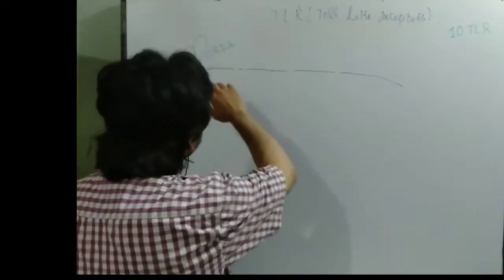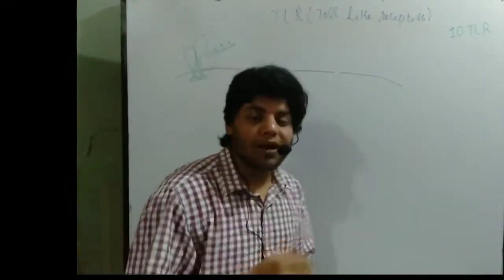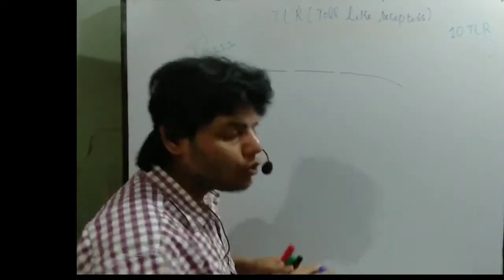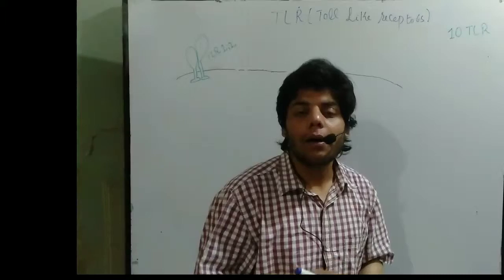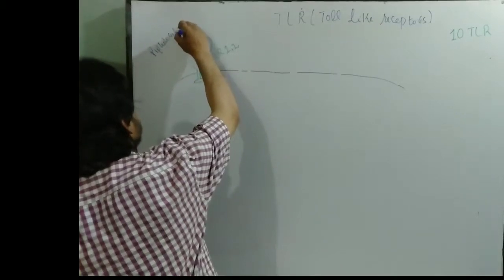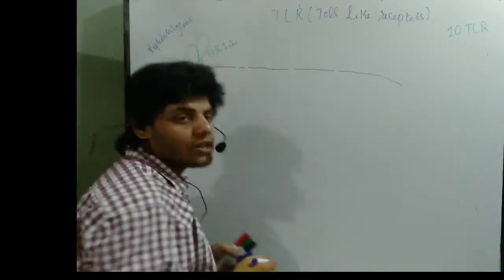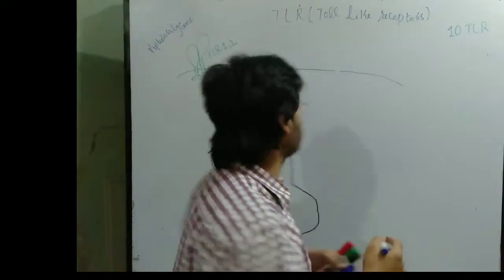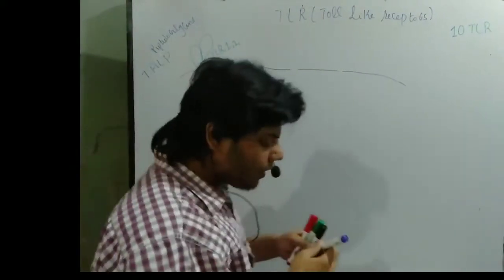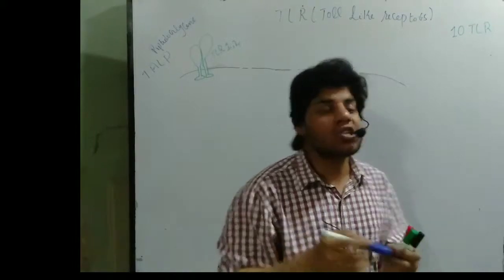Now, what is the function of each toll-like receptor? What do they actually detect? This toll-like receptor usually detects peptidoglycan. They also detect triacyl lipoproteins. Moreover, they also detect zymosan. So let me write.